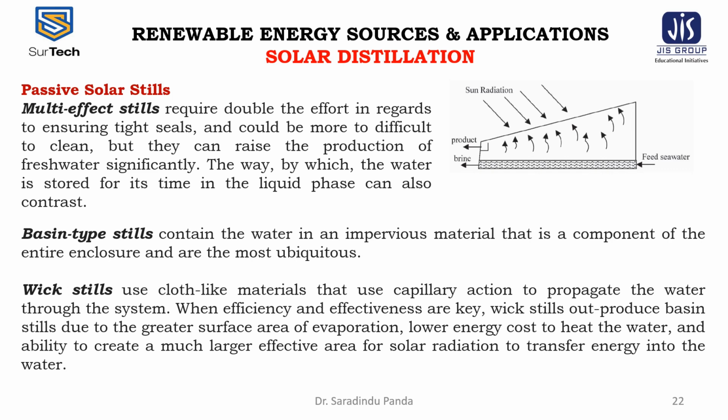Wick stills use cloth-like materials that use capillary action to propagate the water through the system. When efficiency and effectiveness are key, wick stills outproduce basin stills due to the greater surface area of evaporation, lower energy cost to heat the water, and the ability to create a much larger effective area for the solar radiation to transfer energy into the water.